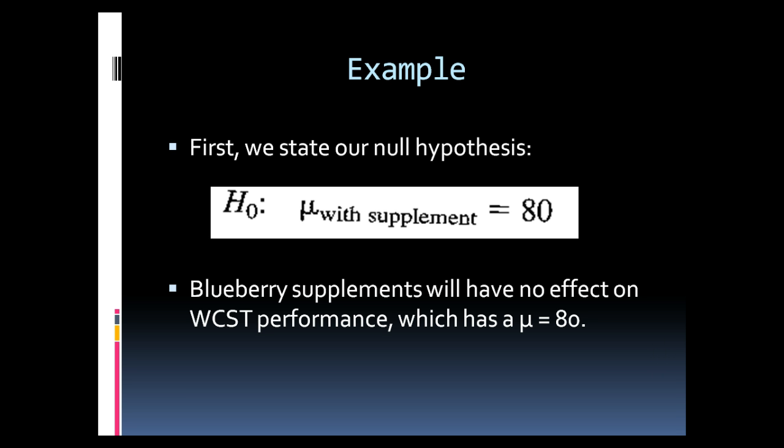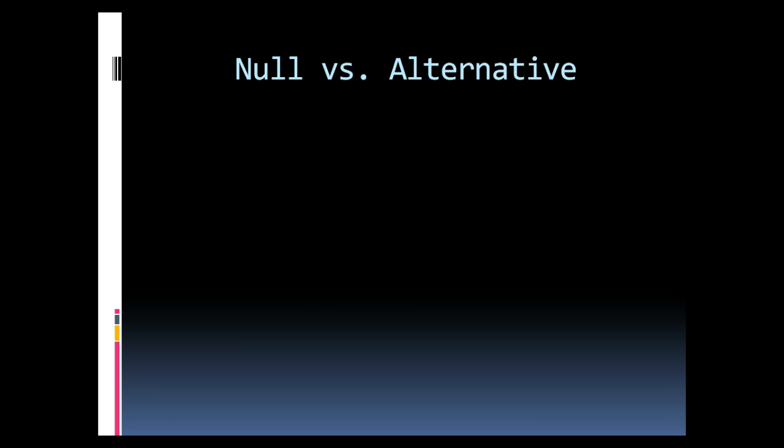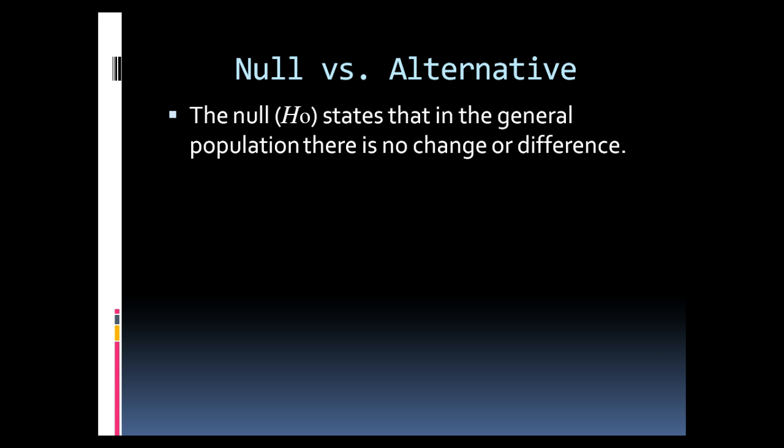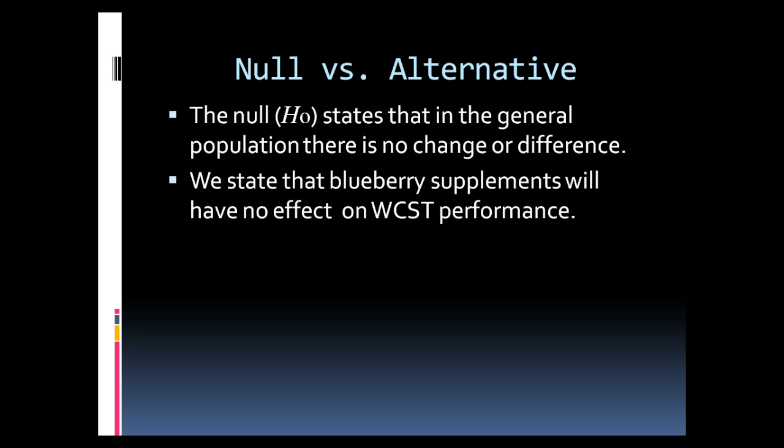So otherwise stating it, blueberry supplements will have no effect on Wisconsin card sorting test performance, which has a mu of 80. So that's another way of saying it. So our null, or H sub 0, states that in general, the population, there is no change or difference.